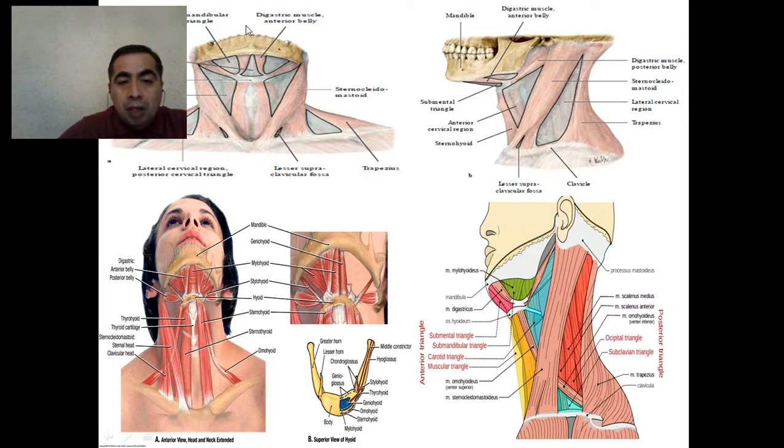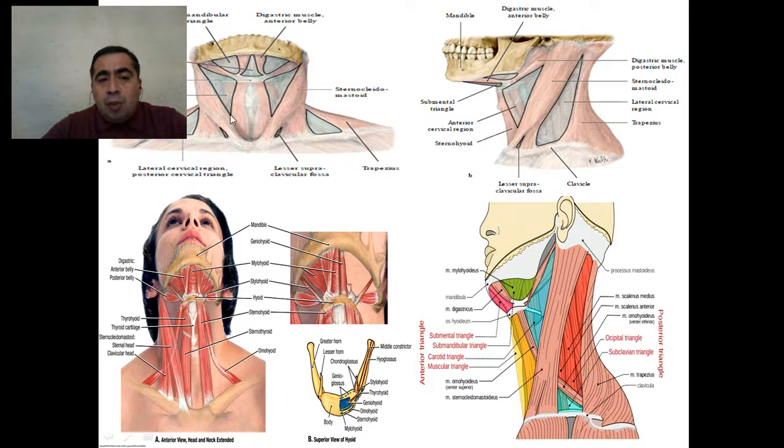If we provide the imaginary vertical line, the middle line of course, from the mental protuberance to the jugular notch, we can realize that the anterior portion of the neck forms two quadrangles. The superior border of this quadrangle is formed by the base of the mandible, the inferior portion by the clavicle, posteriorly by the trapezius muscle, and anteriorly by the imaginary middle line.